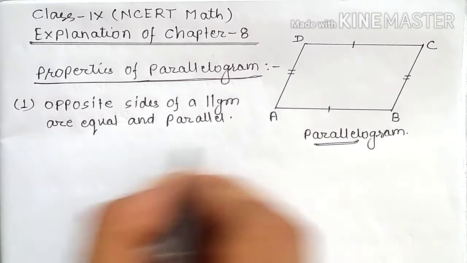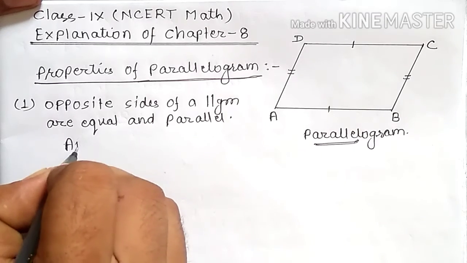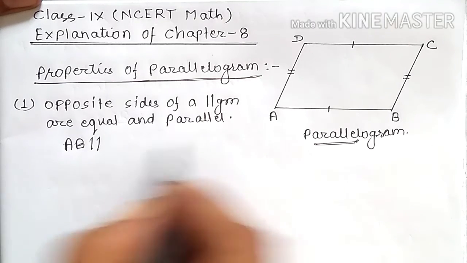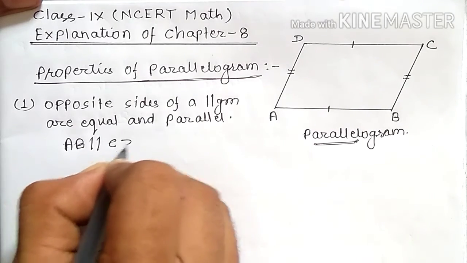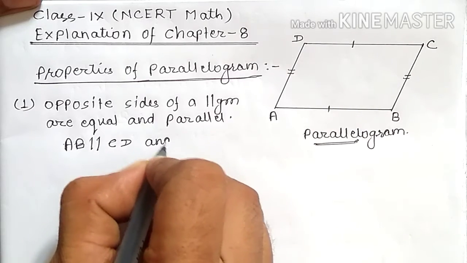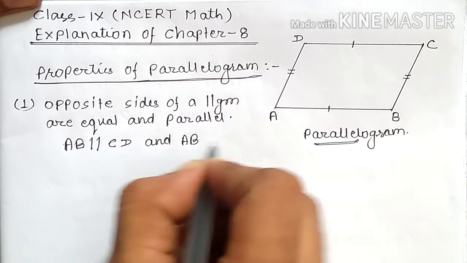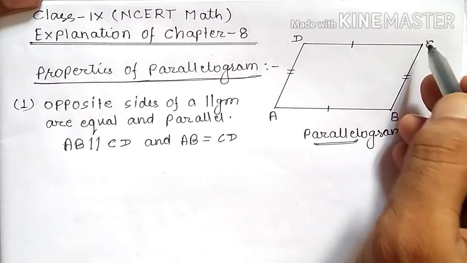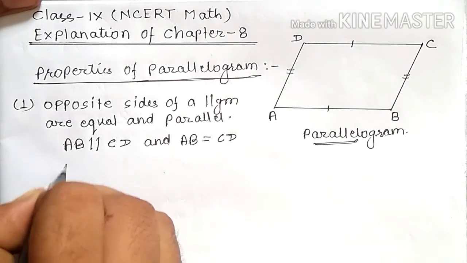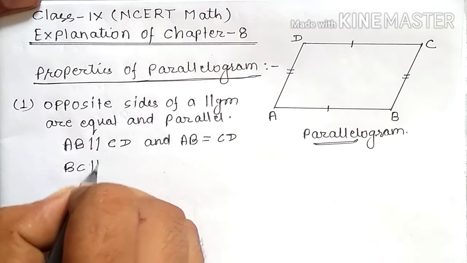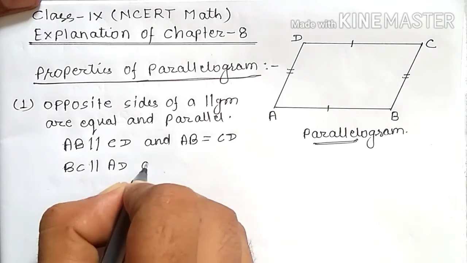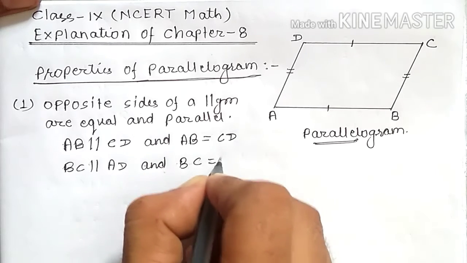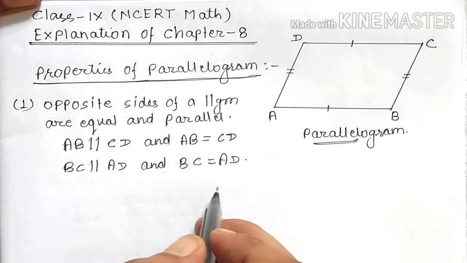It means we can say here AB parallel to CD (this is the symbol of parallel), and AB is equal to CD, and BC parallel to AD, and BC also equal to AD. This is the first property of the parallelogram.